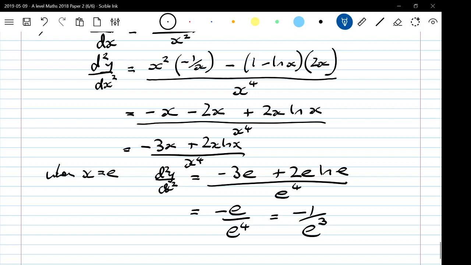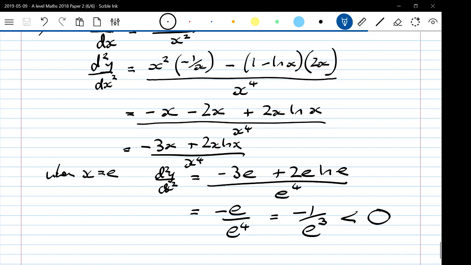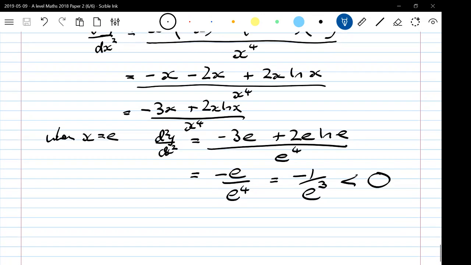We're trying to show that this is positive or negative. Well, e is a positive number, so e cubed is also positive, so minus 1 divided by it is negative. That must be negative. Therefore, it is a maximum.